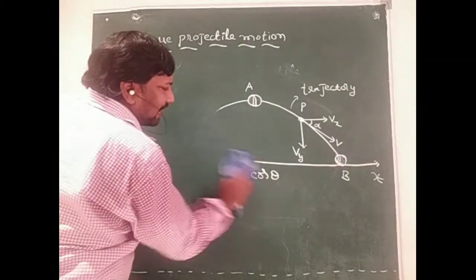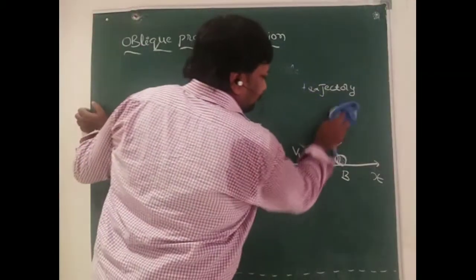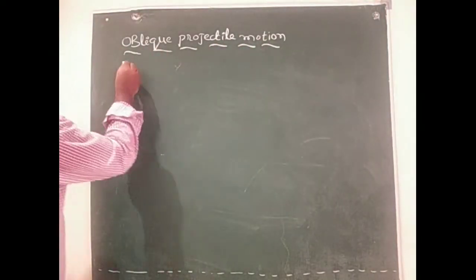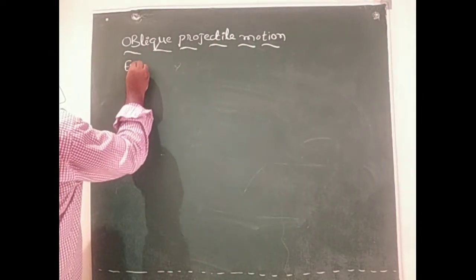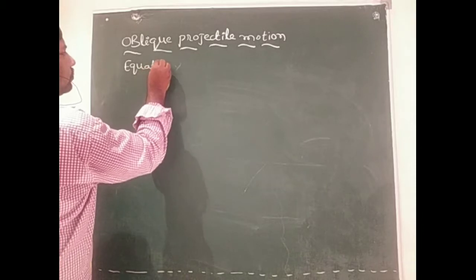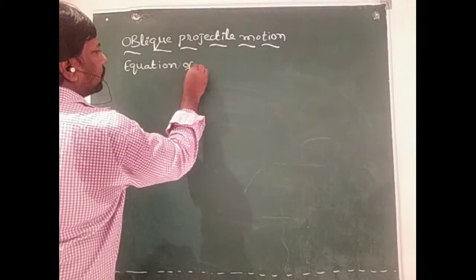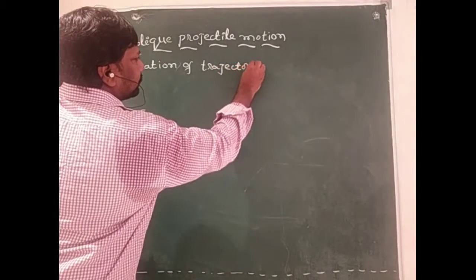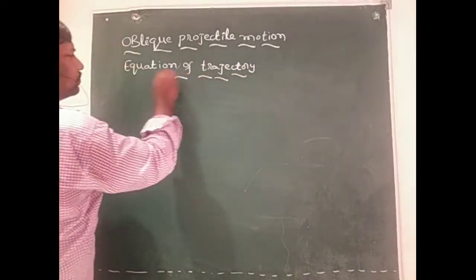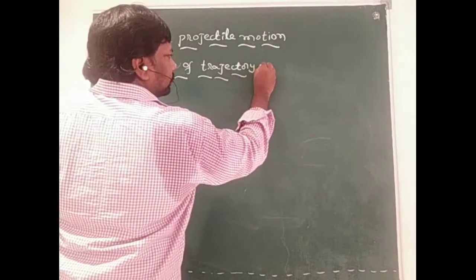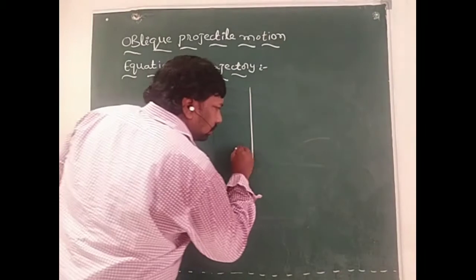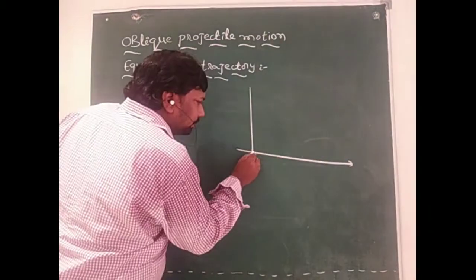Now we can find the equation of trajectory. This is the diagram.